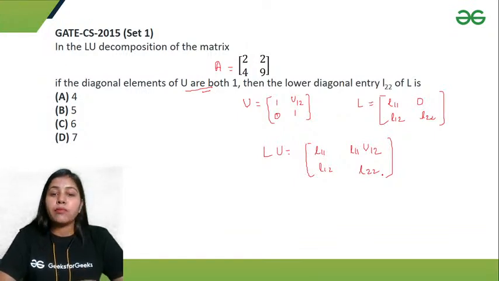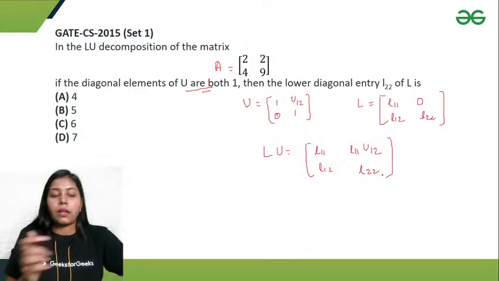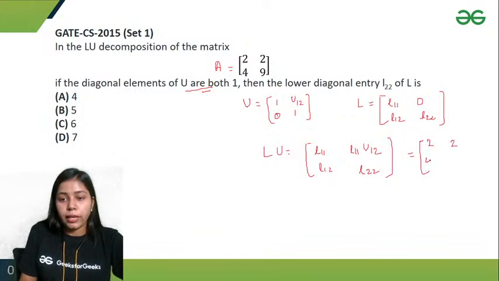right? Just tell me what will be the value of L11 when I compare A with LU? What would I get? Okay, let's see. Here we have A equal to 2, 2, 4, 9.